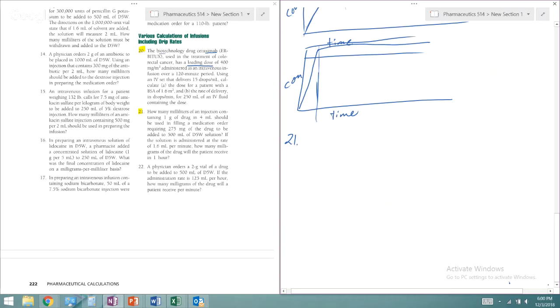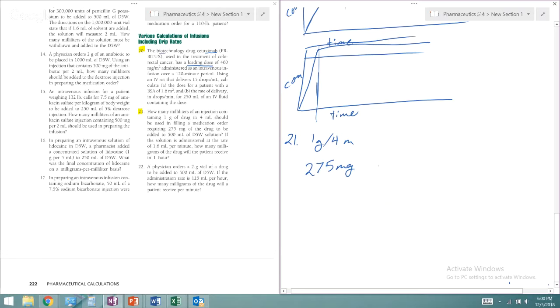So how many milliliters of injection containing 1 gram of drug in 4 milliliters should be used in filling a medication order requiring 275 milligrams of the drug to be added to a 500 milliliter set.